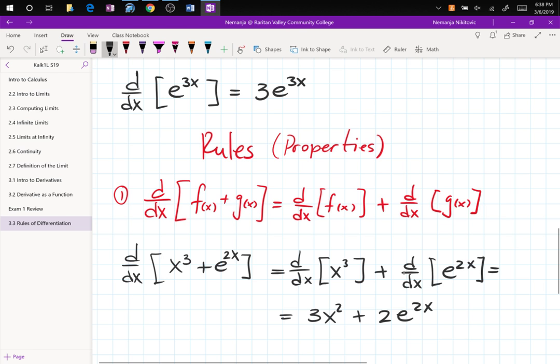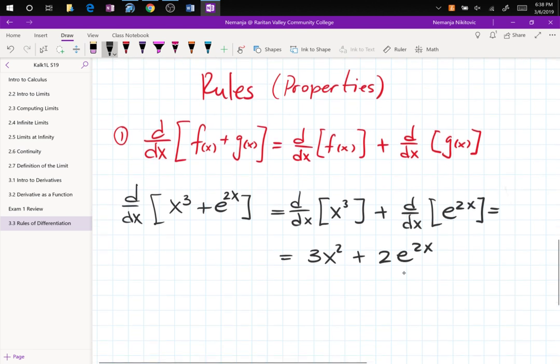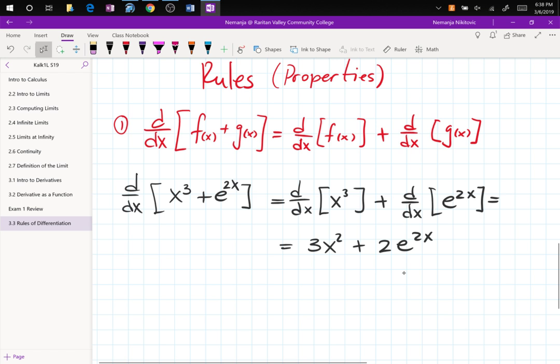Next rule, same rule with a minus sign. So for subtraction we have the same rule, it's just going to have a minus sign in it.